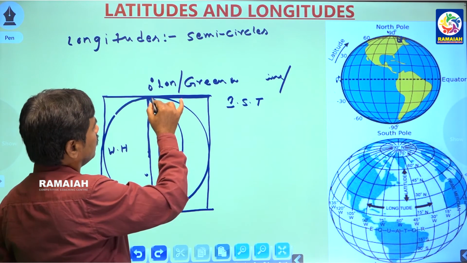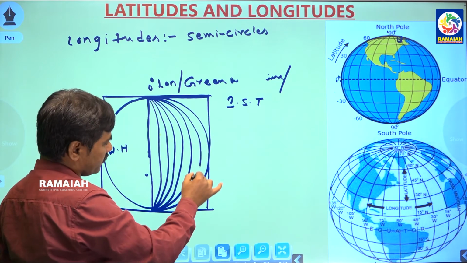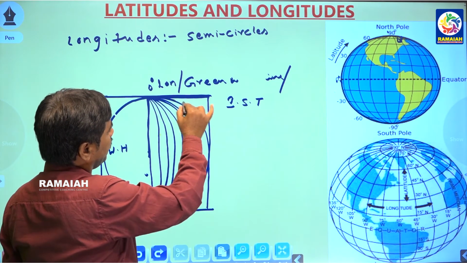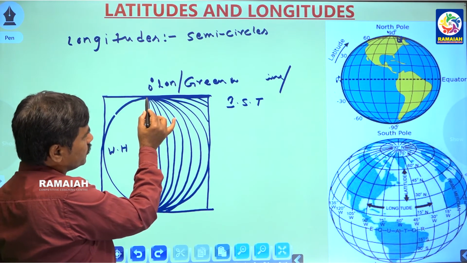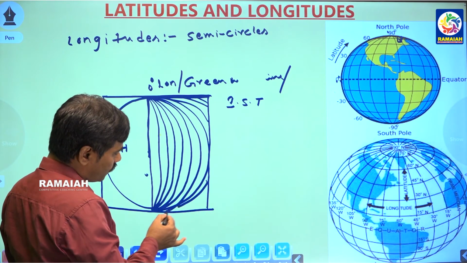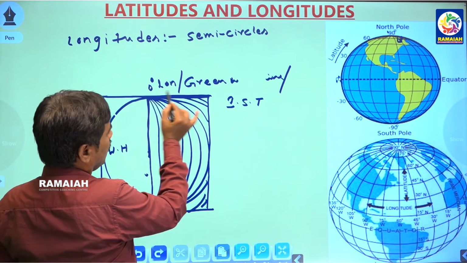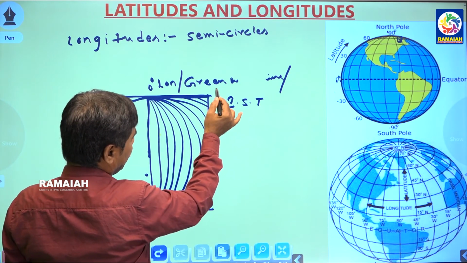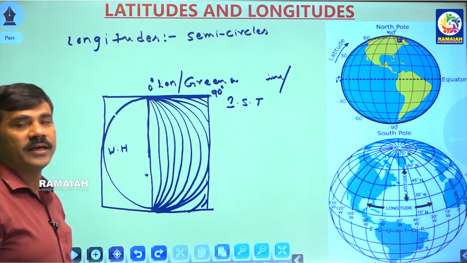From 0 up to the eastern extreme, it is called the 90-degree longitude.